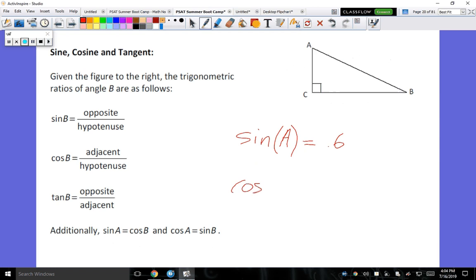What would be the cosine of B? Okay, oh nice, nice. You remembered that very quickly, because the sine of one is the cosine of the other.